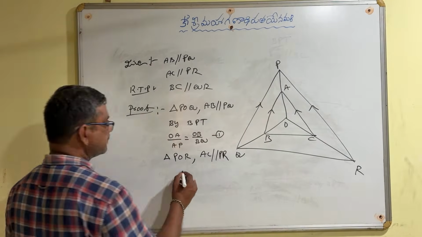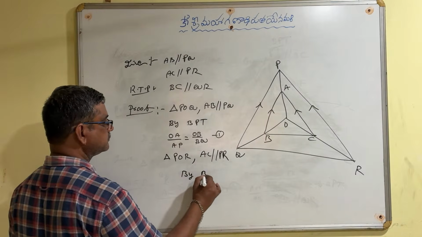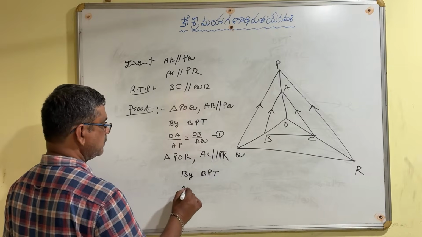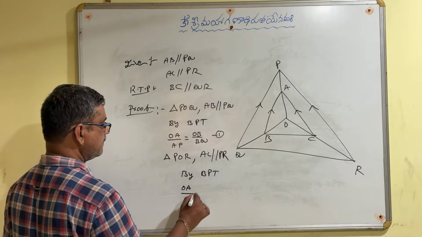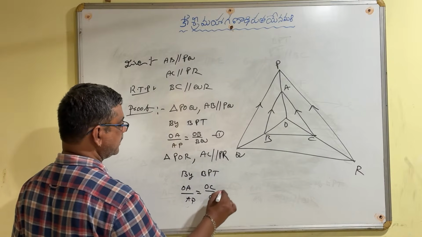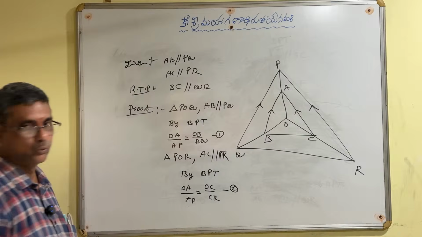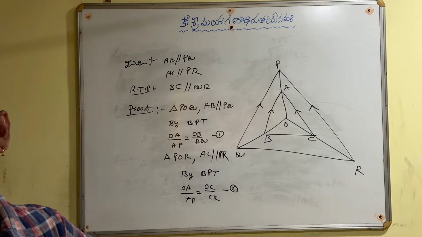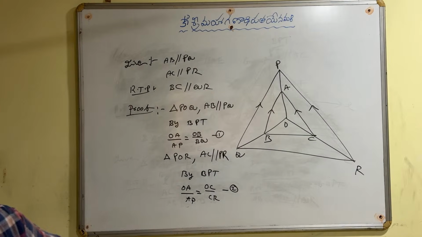Now again by basic proportionality theorem, OA by AP is equal to OC by CR. Let it be 2.